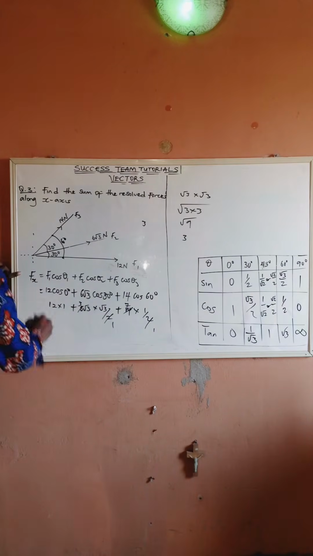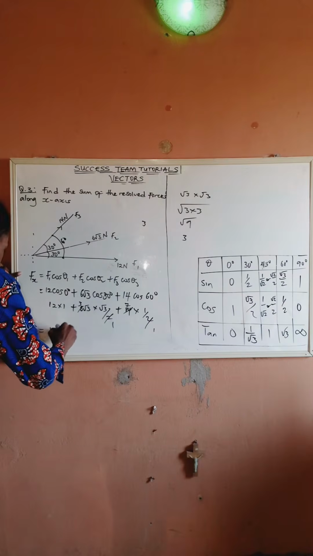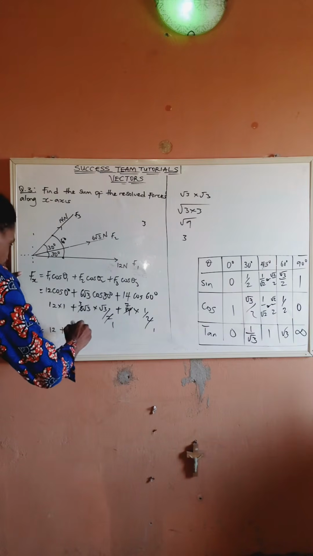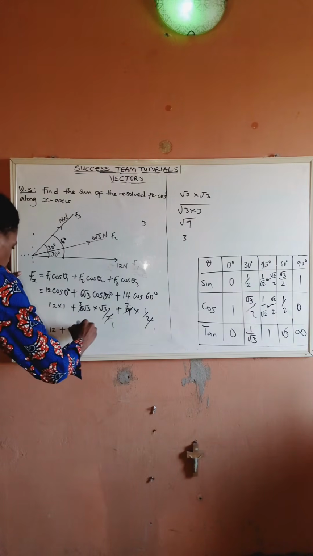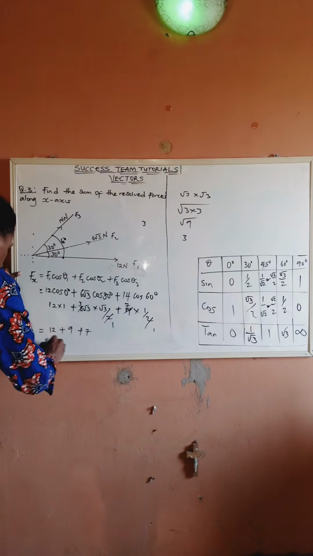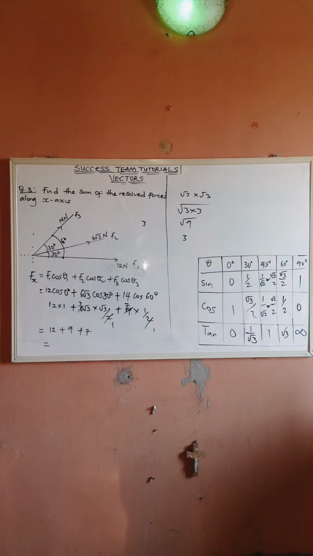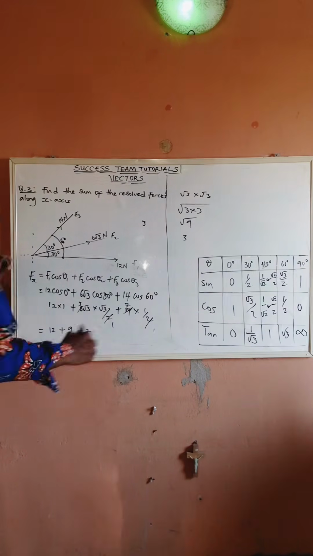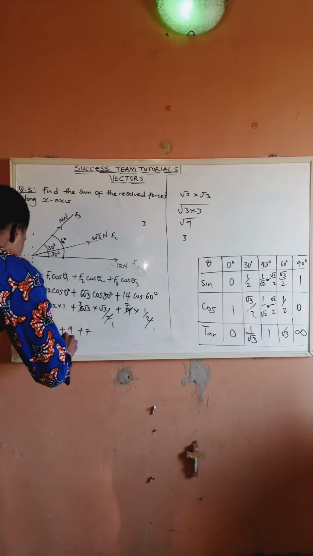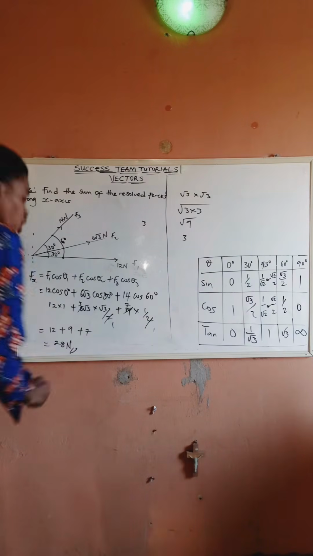So I'm going to have 12 plus 9 plus 7. 12 plus 9 is 21, and 21 plus 7 is going to be 28 Newton. All this is clear.